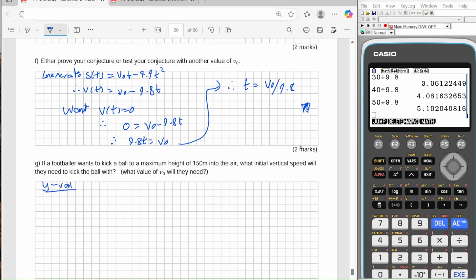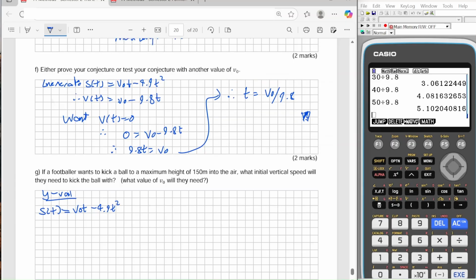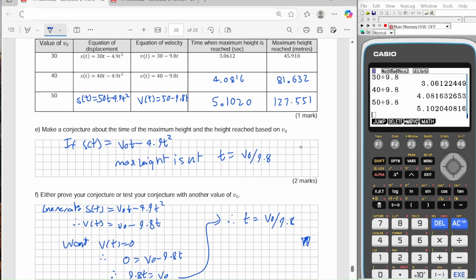So let's think about our y value. S of t is v naught t take 4.9t squared. I might actually put here when v naught is greater than 0.